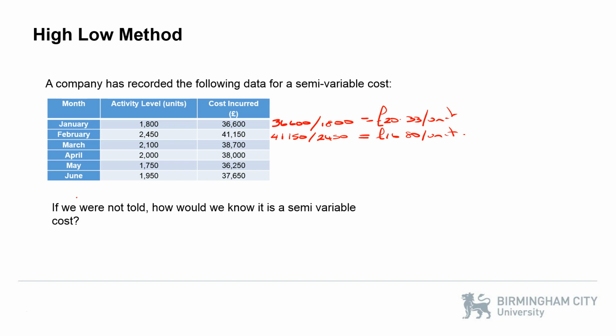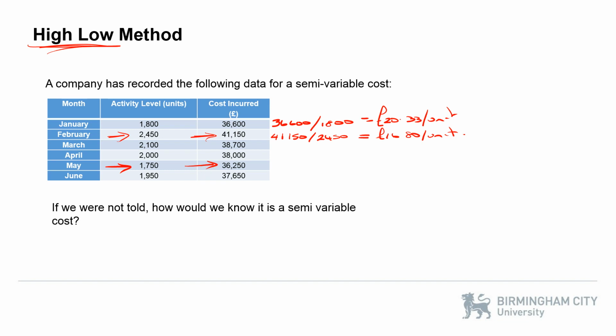Now the high-low method, there's an indication as to how to do it in the name. We look at the highest level of activity, which is February, and the cost that goes with that. And then we pick out the lowest level of activity, which is May, and the cost that goes with that.